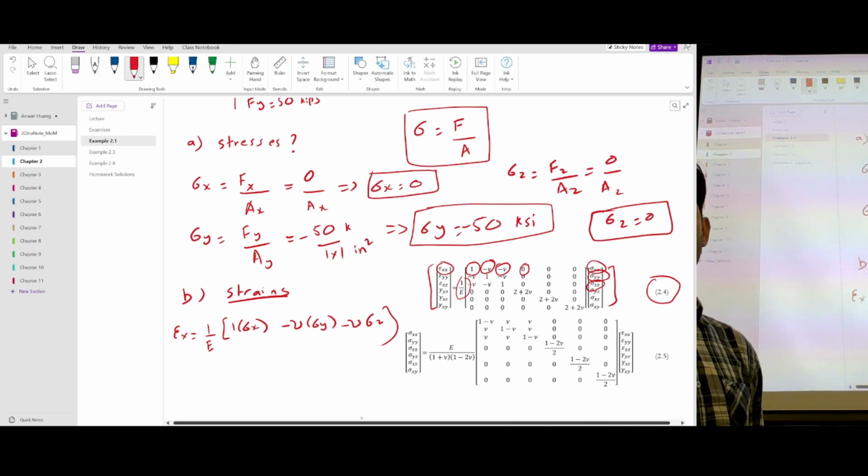And then you have to multiply 0 with the remaining terms, so it's going to be 0, 0, 0, 0. So that's what we'll get finally.